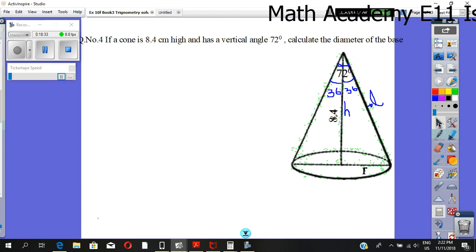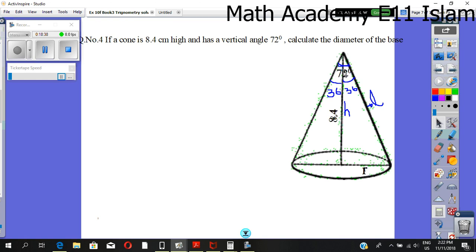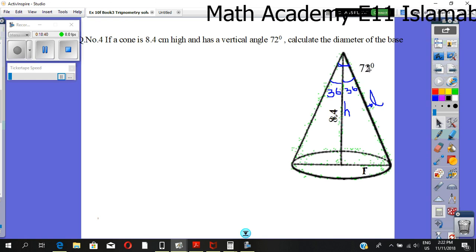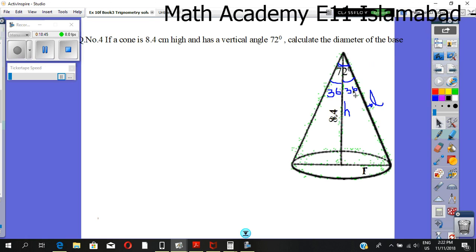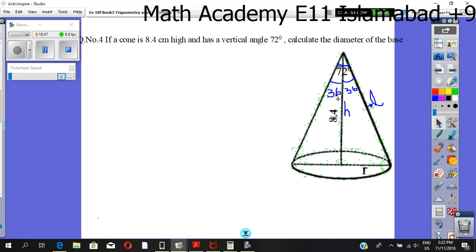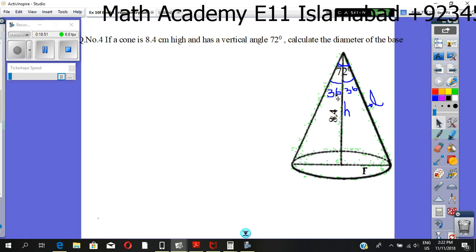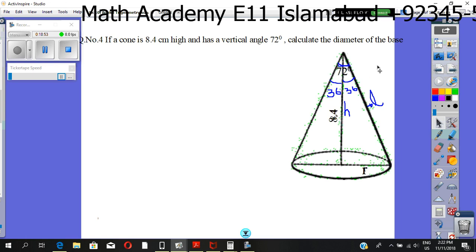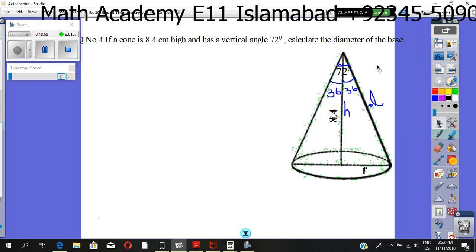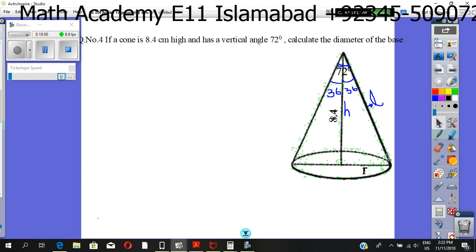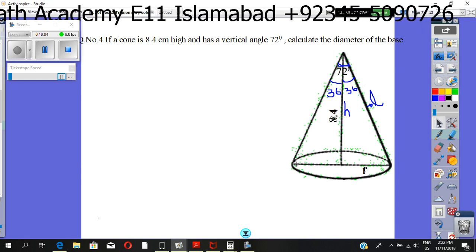Okay, in the cone, if the perpendicular line is there and the 72 degree angle is here, half of 72 gives us 36 and 36, because it equally divides the angle into two equal parts. It bisects the angle. Why? Because the slanting height makes the triangle an isosceles triangle.